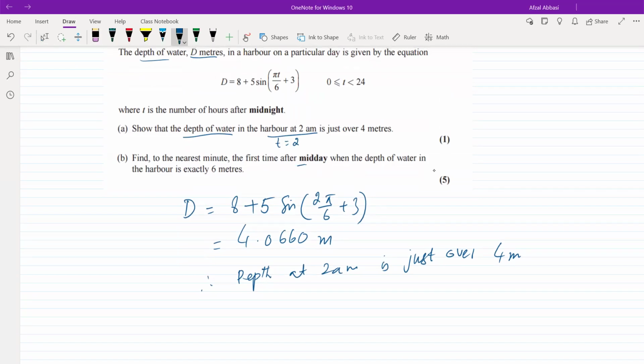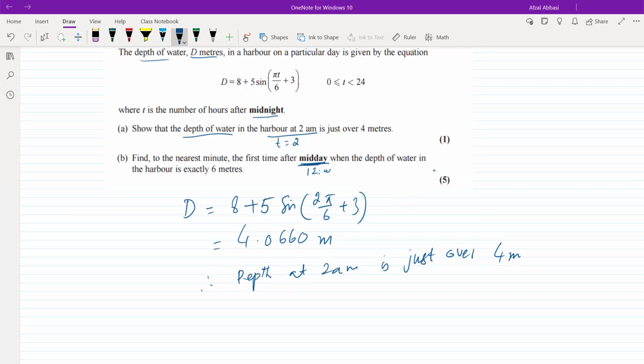Okay, the second part of the question: find, to the nearest minute, the first time after midday. Midday means noon, 12 o'clock in the daytime. How many hours will have passed after midnight when you reach midday? From night 12 o'clock to day 12 o'clock, 12 hours have passed. So we have to find a time which is more than 12, because 12 hours have passed till midday.